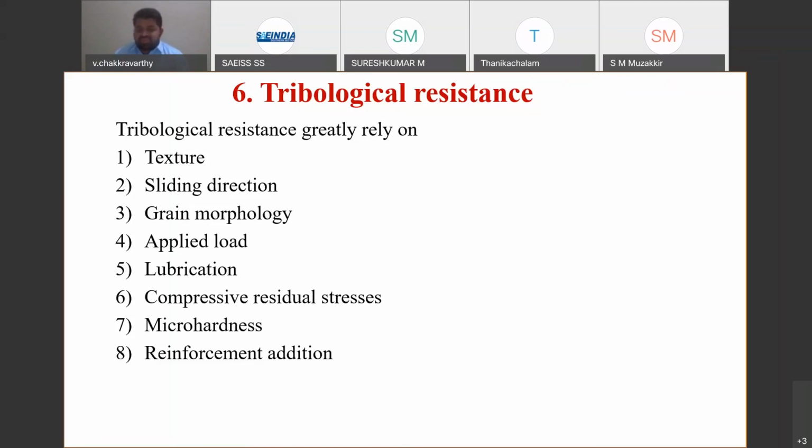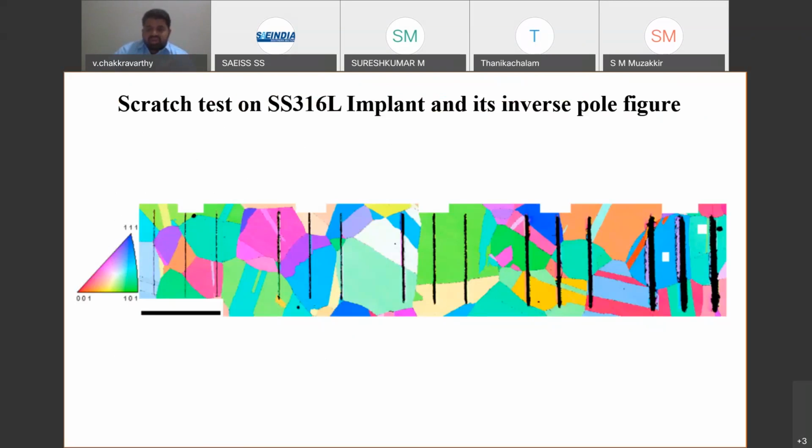Then the compressive residual stresses, which we will cover in the upcoming slides, micro hardness and reinforcement addition could also be covered. Okay. So here is the scratching resistance. If you are performing the scratch test, the wear resistance of your material could be evaluated by scratch test performance. As I told you, the tribolone texture is highly corrosion resistant. The same tribolone texture is highly wear resistant.